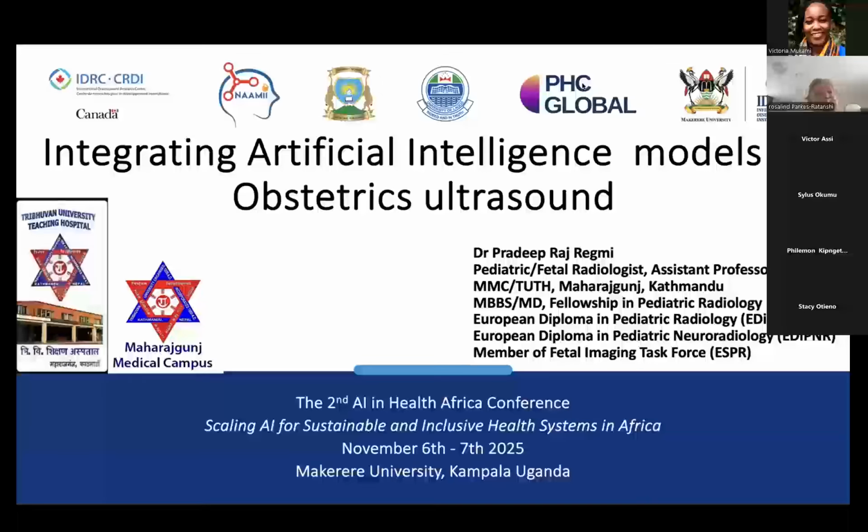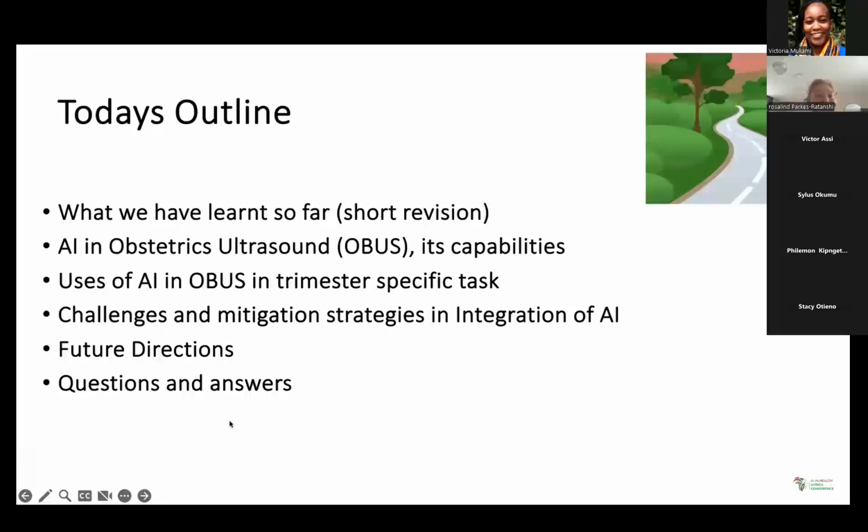Today my topic is integrating artificial intelligence models in obstetric ultrasound in regular clinical workflow. So today's outline will be what we have learned so far. Yesterday I took two lectures about the clinical relevance of obstetric ultrasound, what we can do with artificial intelligence, how we can coordinate between the AI scientists and researchers with the clinicians, and interpretation of AI models into regular workflow.